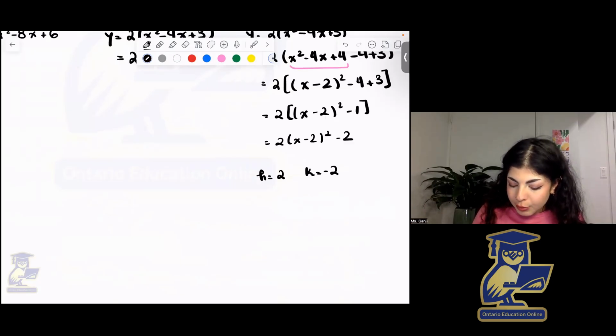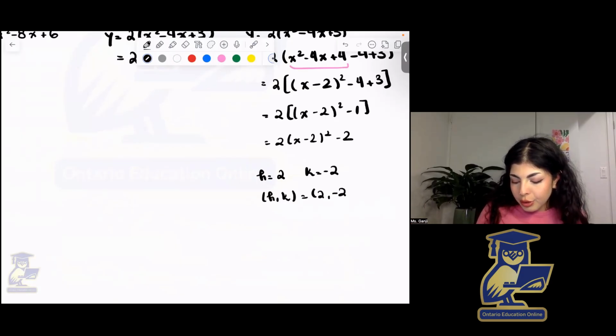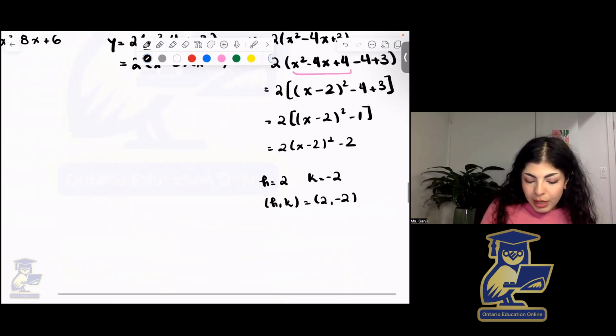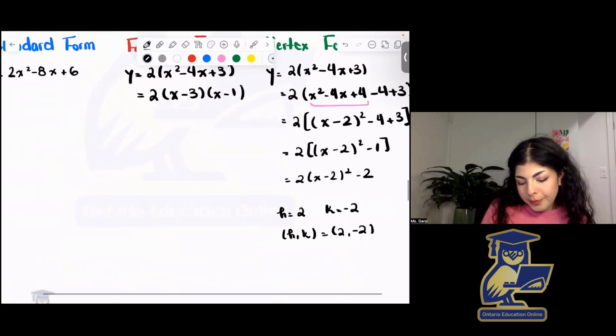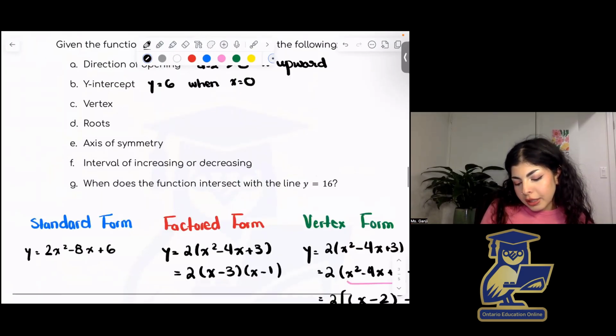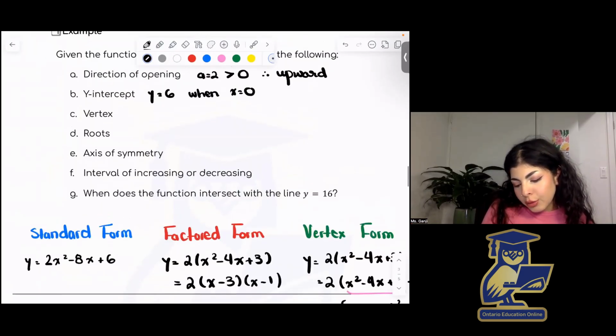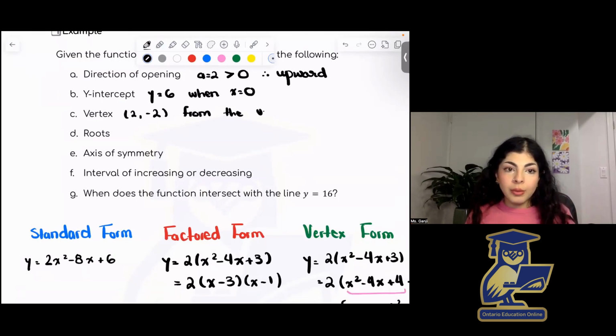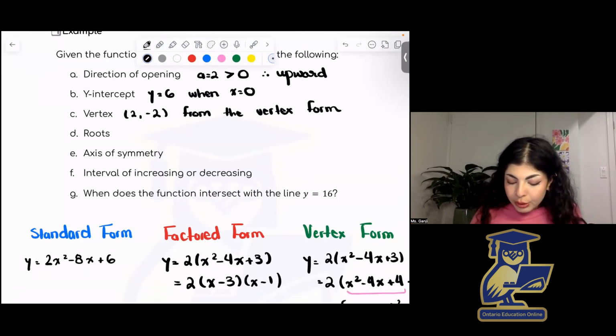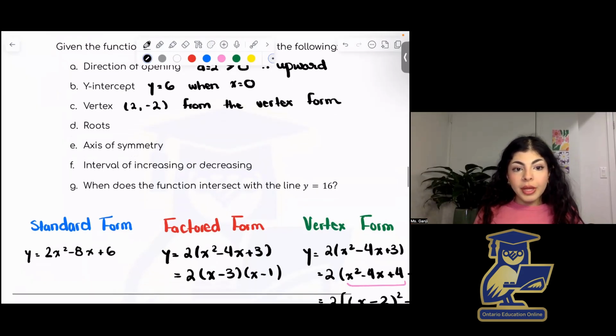So our vertex, being (h, k), is (2, -2). And so going back for the vertex, we have (2, -2) from the vertex form. I showed my work at the bottom by showing h and k, so that would be showing your work. The roots we are going to find from the factored form.